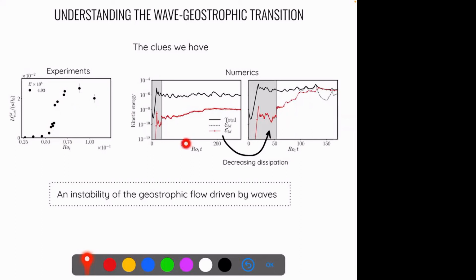The other thing that suggests an instability is the bistable simulations that I just showed. In particular, in this simulation, when you release the friction, you see the exponential growth of the geostrophic mode. So those clues really suggest that we have an instability of geostrophic flows, but it remains to be found.